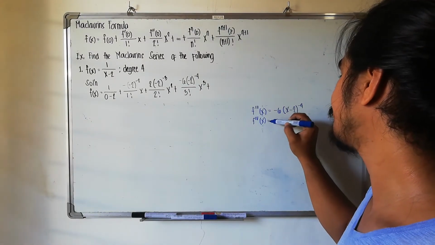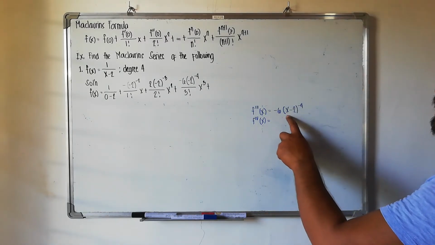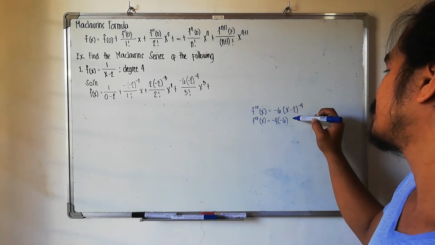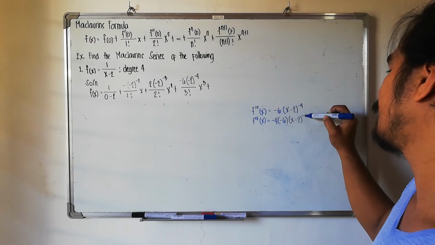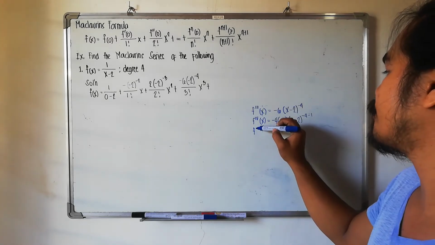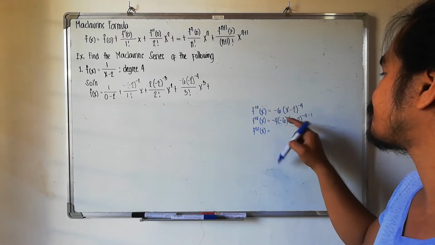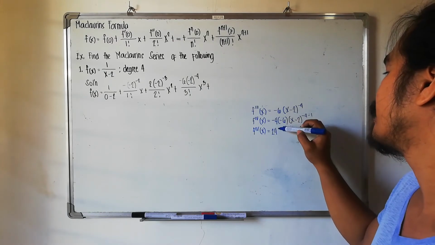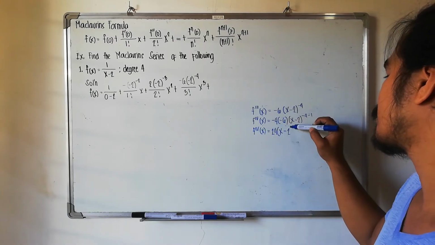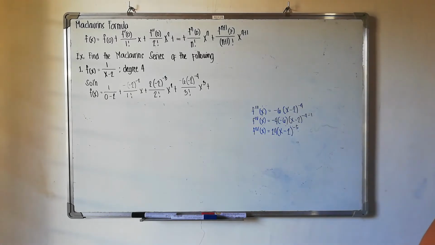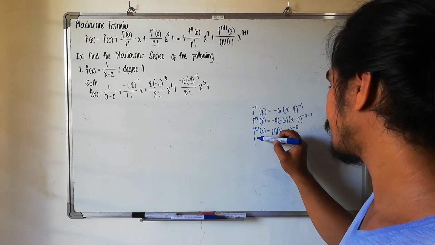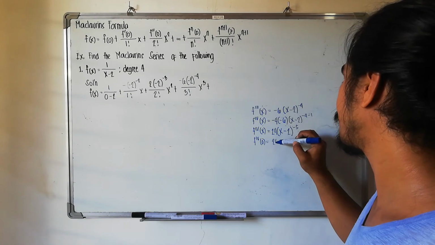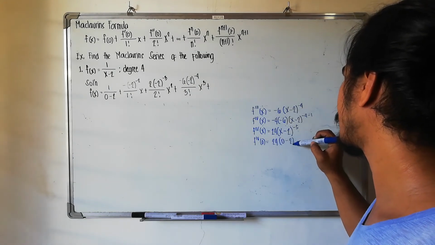Fourth derivative of function. So the derivative of negative 6 times x minus 2 raised to negative 4. So it's negative 4 times negative 6 times x minus 2 raised to negative 4 minus 1. So the fourth derivative of the function is equal to negative 4 times negative 6, so that is 24 times x minus 2 raised to negative 5. But your x is equal to 0. So the fourth derivative of your function in terms of 0 is equal to 24 times 0 minus 2 raised to negative 5.